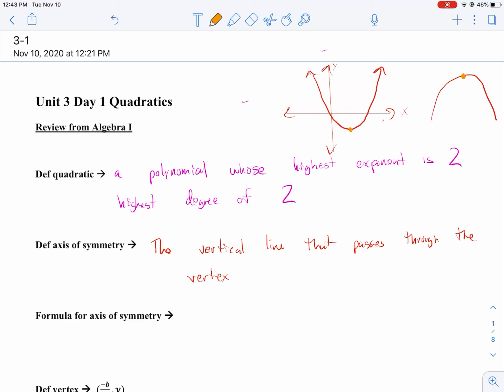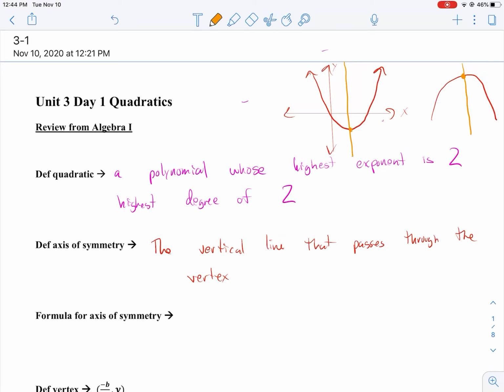Your axis of symmetry is the vertical line that cuts your quadratic in half. More importantly, it creates a symmetrical image on either side of that line. That's why it's called the axis of symmetry, because it's not cutting it anywhere else but directly in the middle of your function.